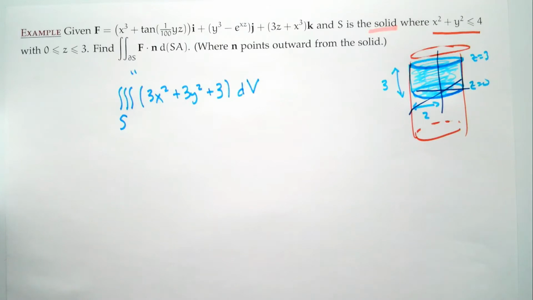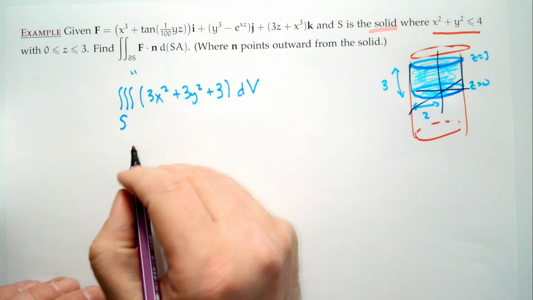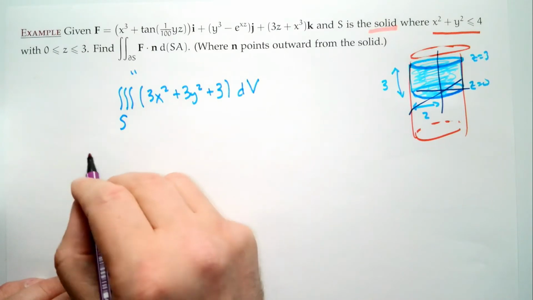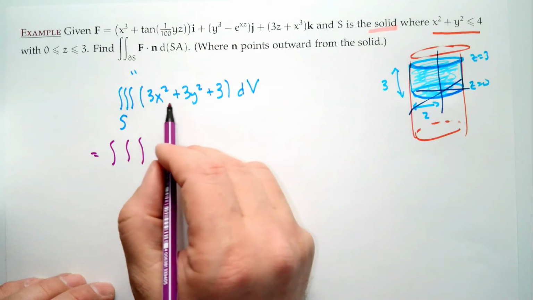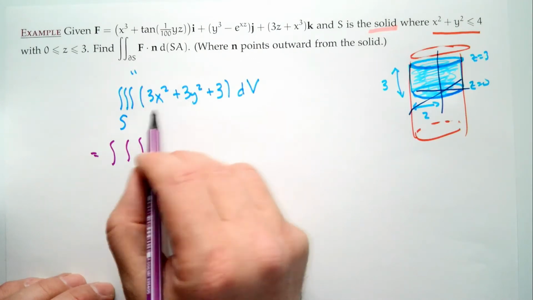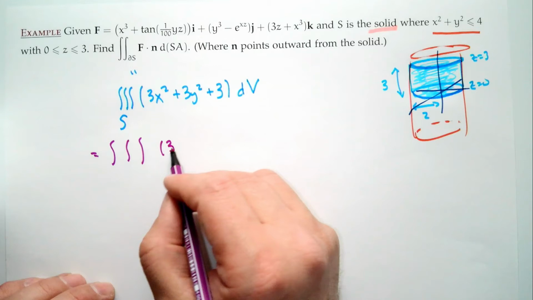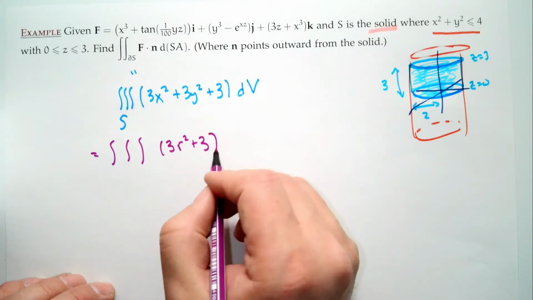Cylindrical coordinates. What's suggestive that we should use cylindrical coordinates? Cylinder, yes. If you see a cylinder, you think cylindrical. In general, if you have rotational symmetries, cylindrical coordinates are fantastic. All right, so we're going to switch to cylindrical coordinates. So this is going to equal a triple integral. 3x squared plus 3y squared plus 3, well, x squared plus y squared becomes r squared, so 3r squared plus 3.